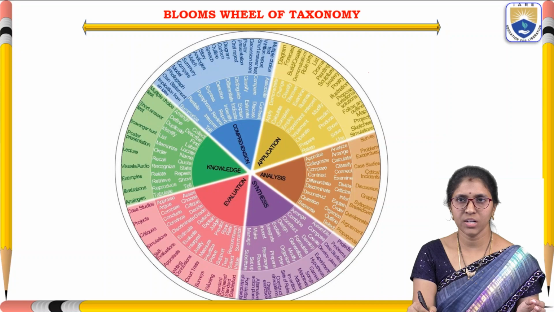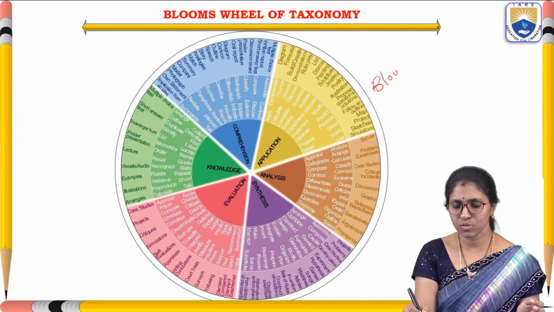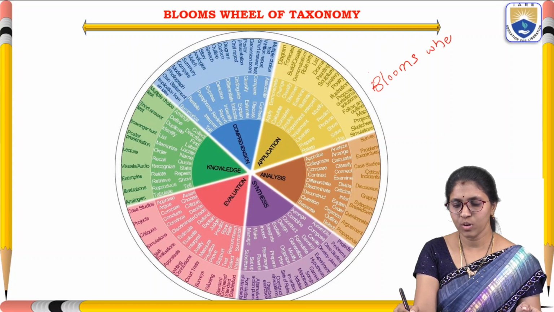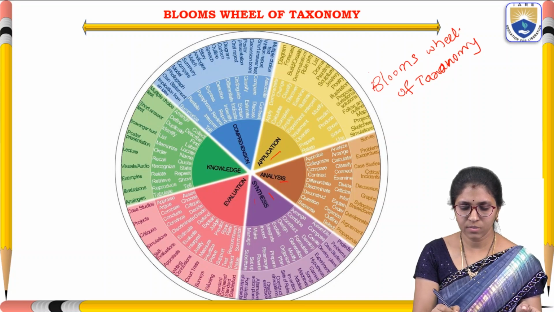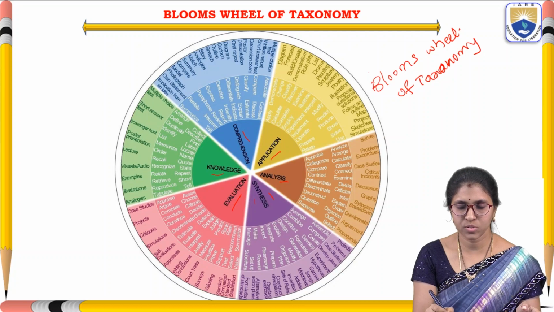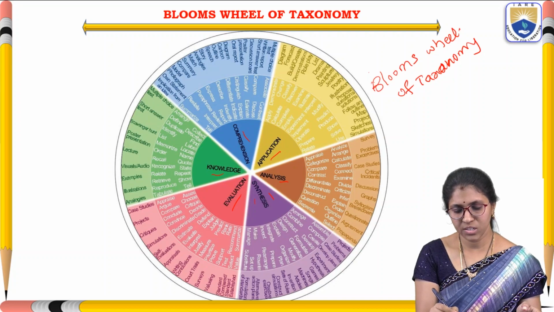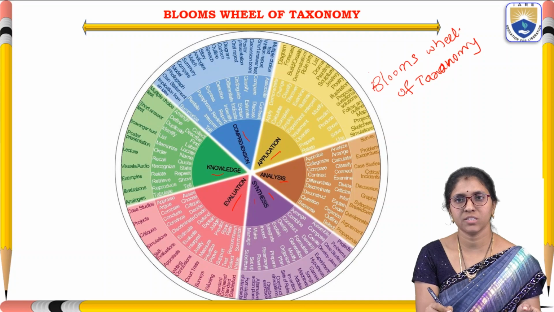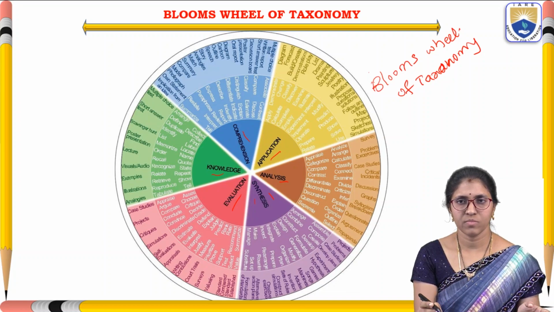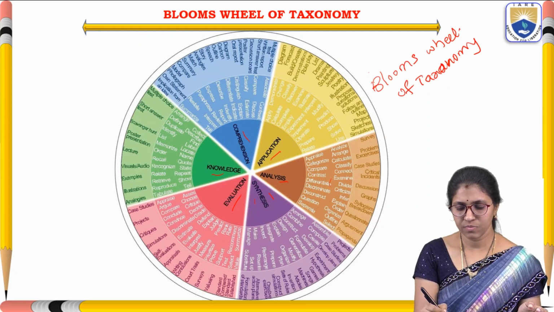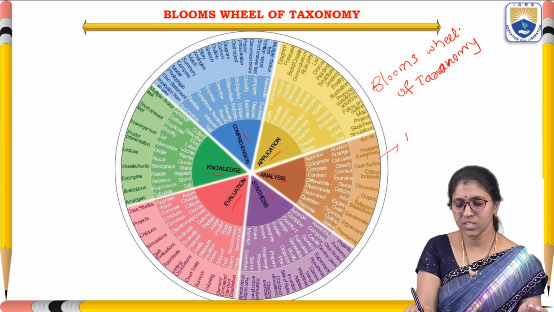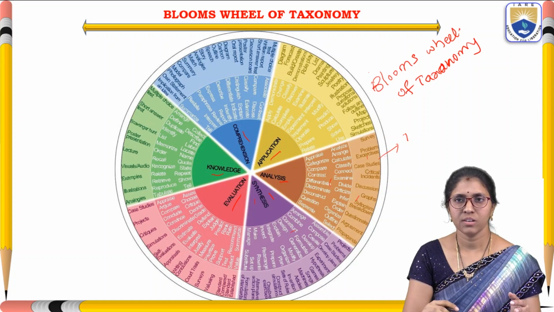This is Bloom's wheel of taxonomy. It has Bloom's levels: knowledge, comprehension, application, analysis, synthesis and evaluation. Here are the verbs and the different teaching strategies and teaching pedagogies immersed in the wheel.